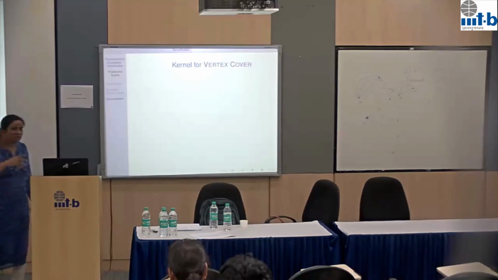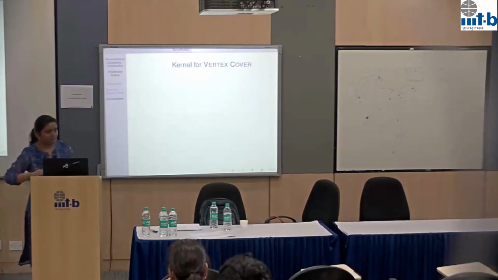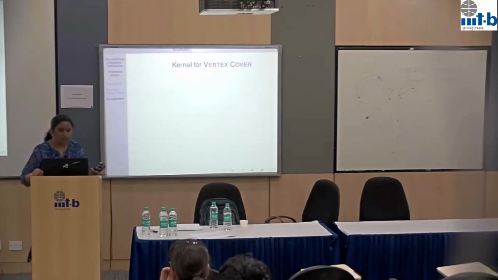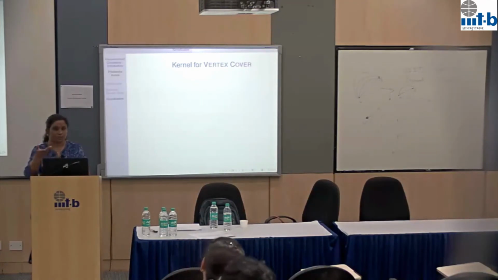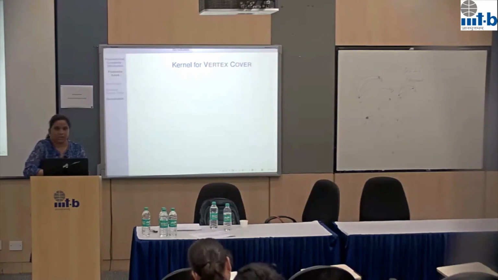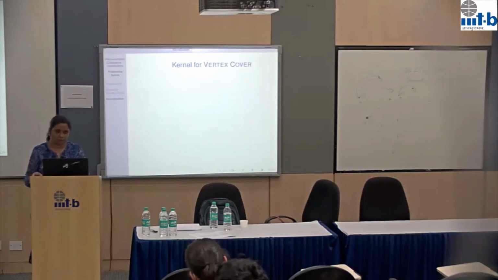Also, similar to intractability in FPT algorithms, there are lower bounds for kernelization too. There are some problems for which you can prove that kernels better than something cannot exist, like better than k square or k cube cannot exist, or problems where a polynomial kernel cannot exist. We are not covering all this.